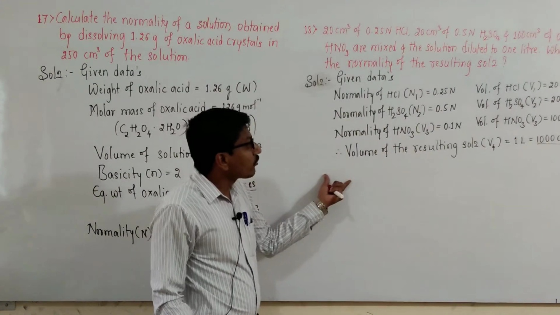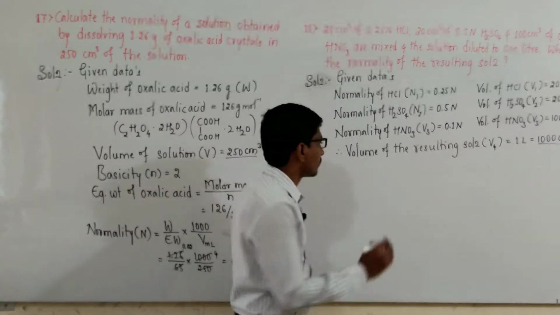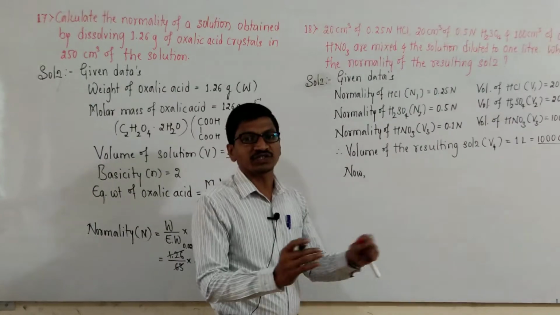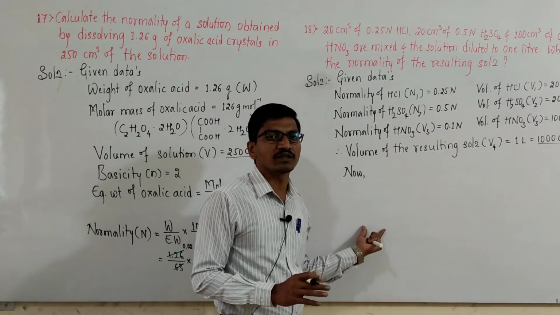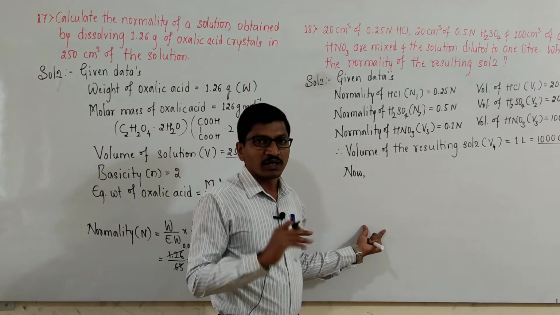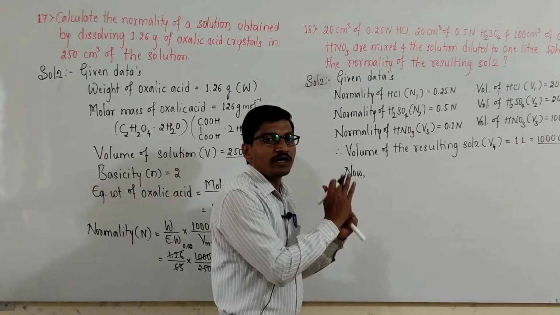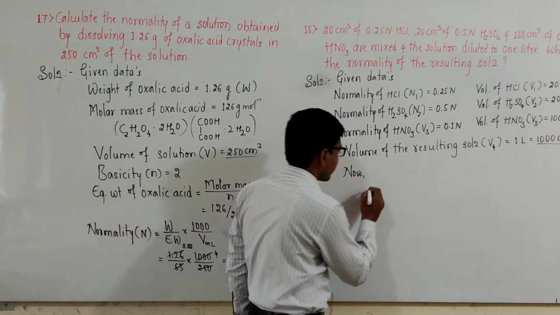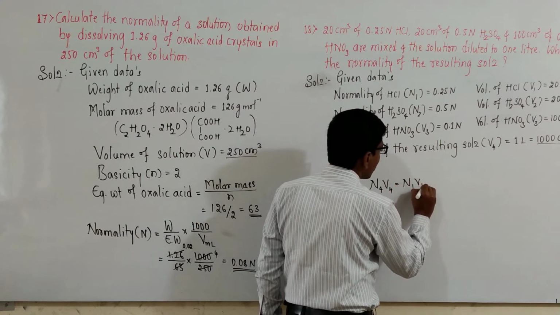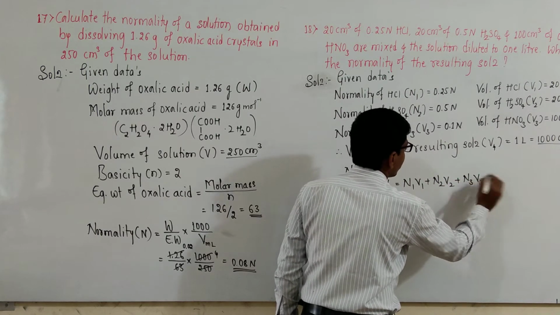Then we have to calculate the normality of the resulting solution, that is N4. Now, when acids or bases are mixed, N4V4 is equal to N1V1 plus N2V2 plus N3V3.